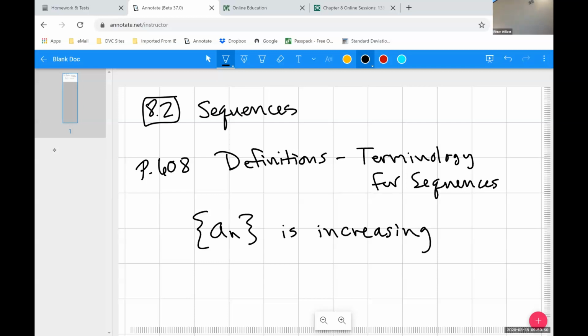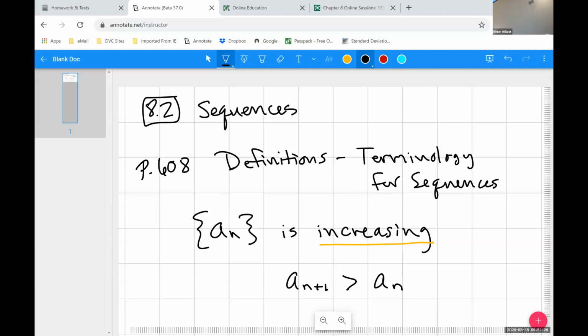We can annotate this and say what it would mean. That would mean that a particular term, the (n+1)th term of a sequence, will always be bigger than the previous term, namely the nth term. This would be true for all n, but basically it just means that every time you go down the list, the number keeps getting bigger and bigger.